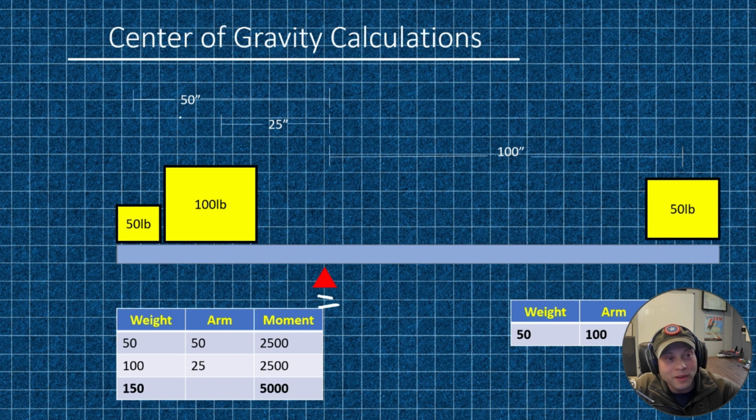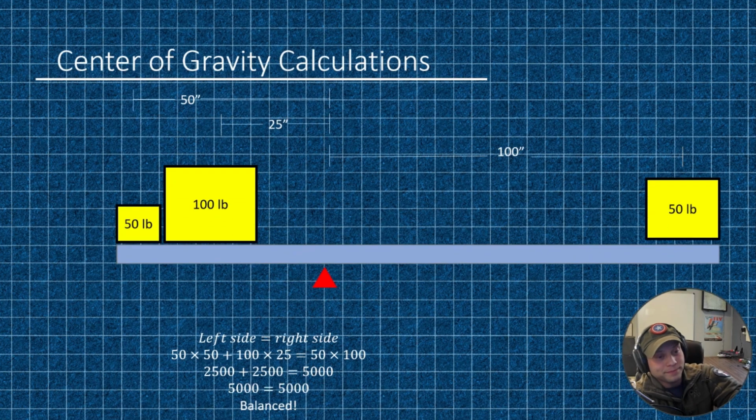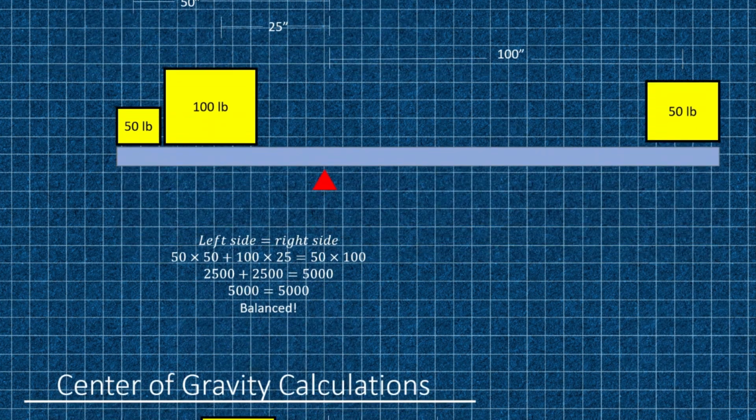We'll say 50 pounds times its arm of 50 inches, plus 100 pounds times its arm of 25 inches, and they come out to a total moment of 5,000 pound-inches. Now if we go to the right side of the fulcrum, we've got a 50 pound weight and a 100 inch arm. Multiply that together, it comes out to 5,000 pound-inches, and it is balanced, which is great. That's what we want to see.